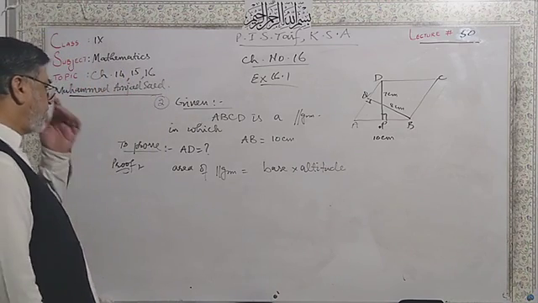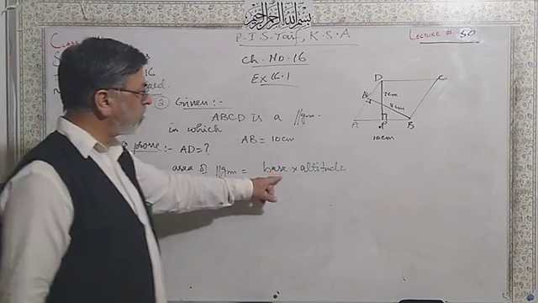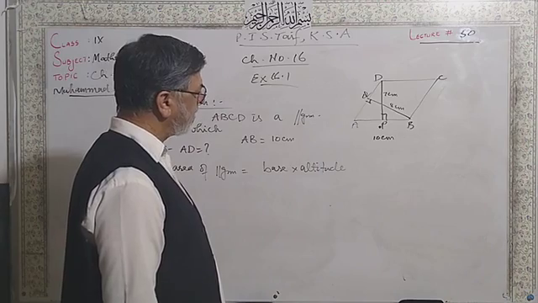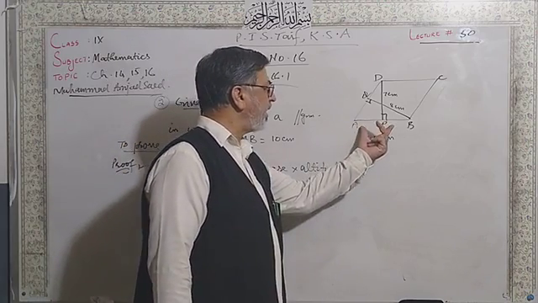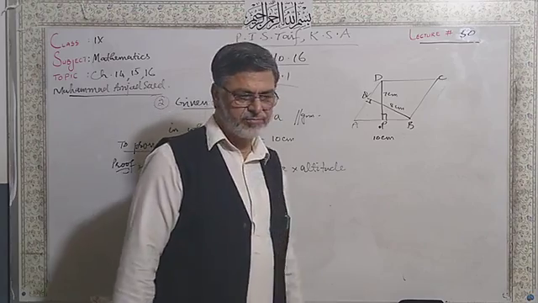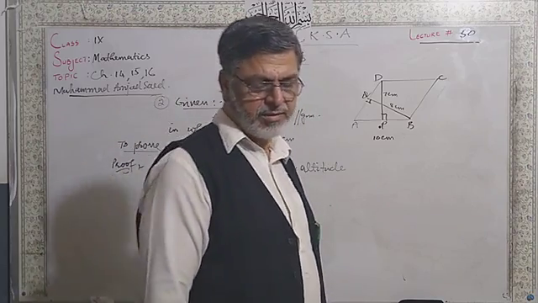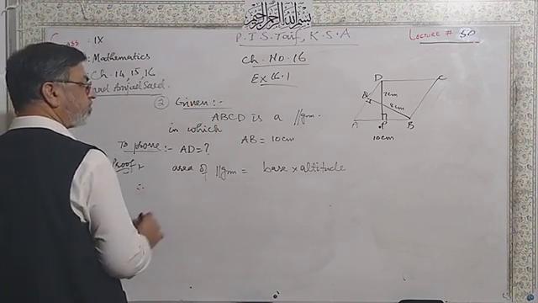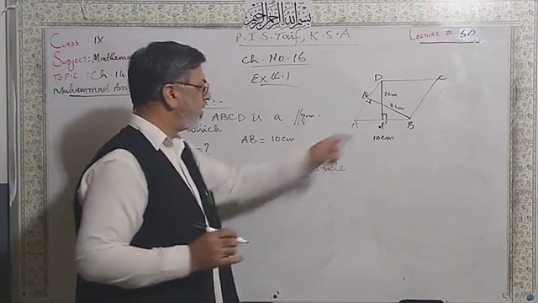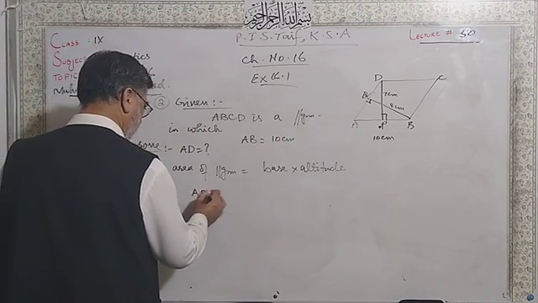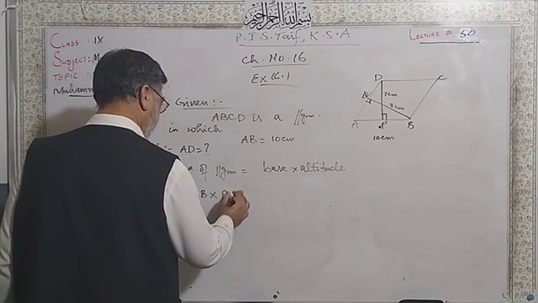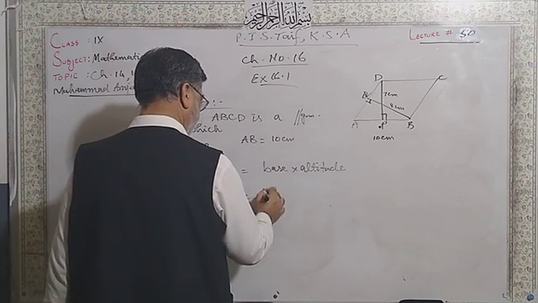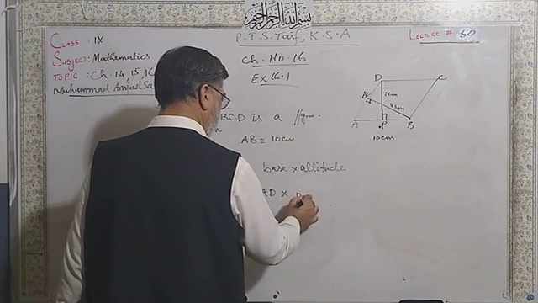So what about the base? If base is AB, the altitude will be PD. Therefore, base AB into altitude PD is equal to base AD and altitude BQ.